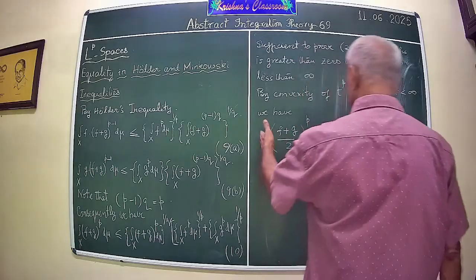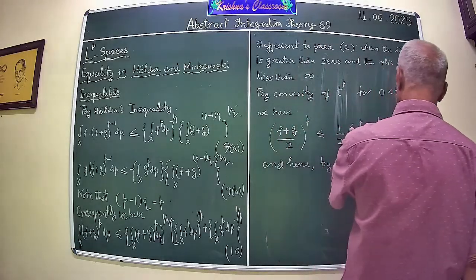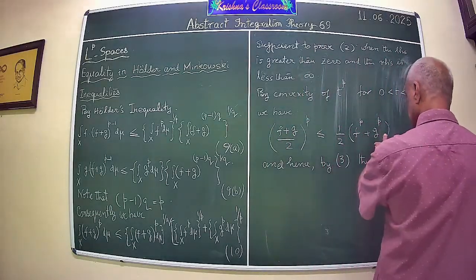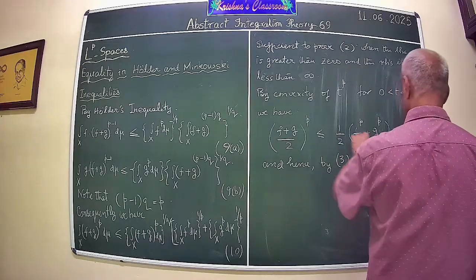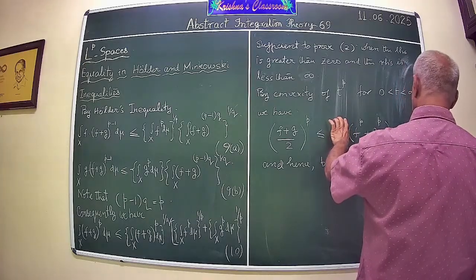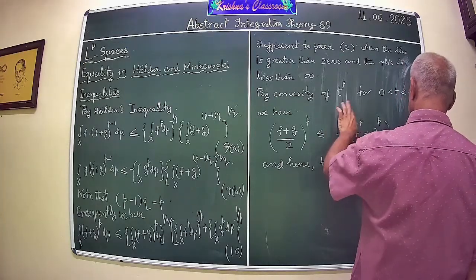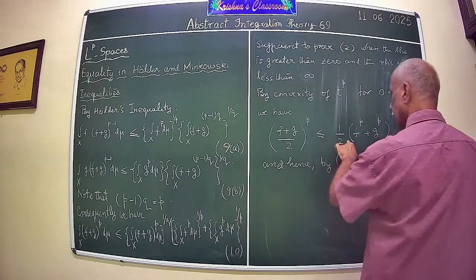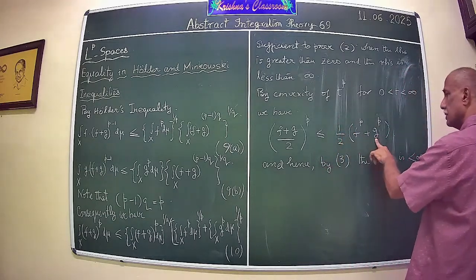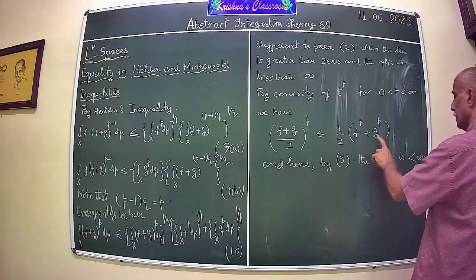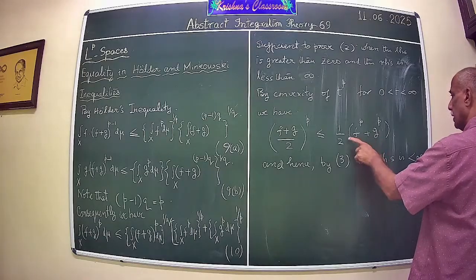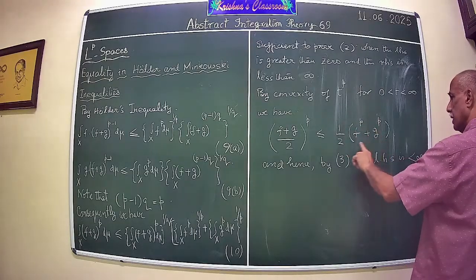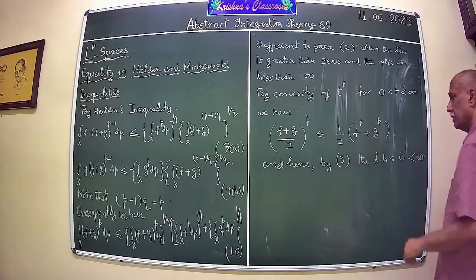The reason is if you just integrate this over x, we have integral over, and this one is what we have assumed as a, and we are assuming that this is an LP function.